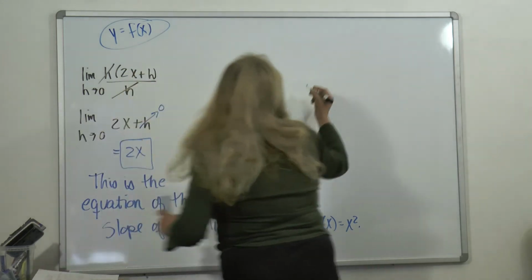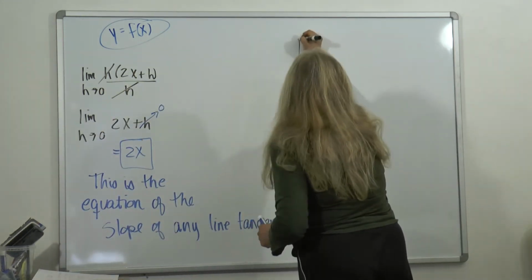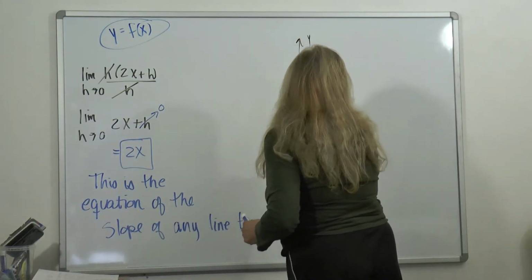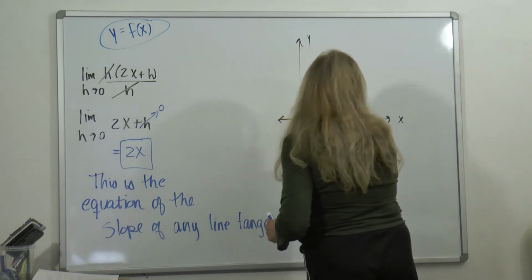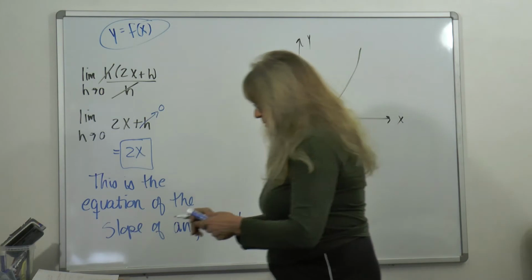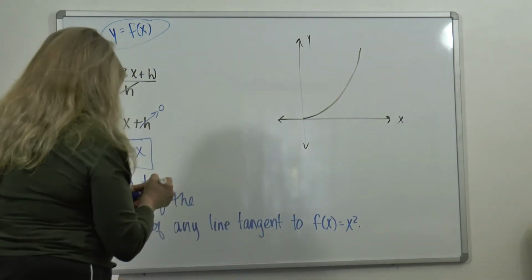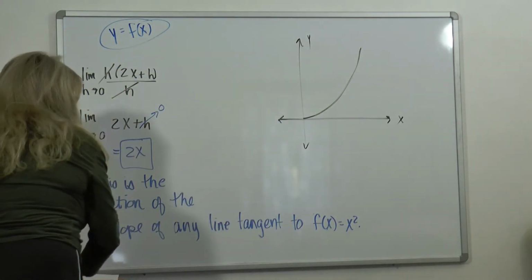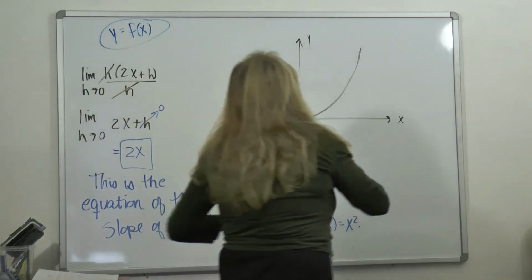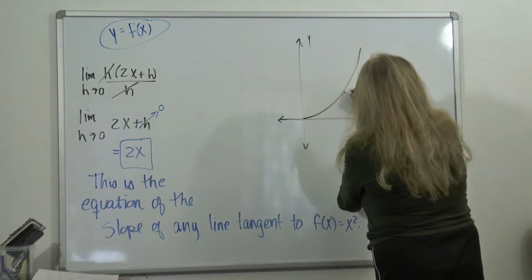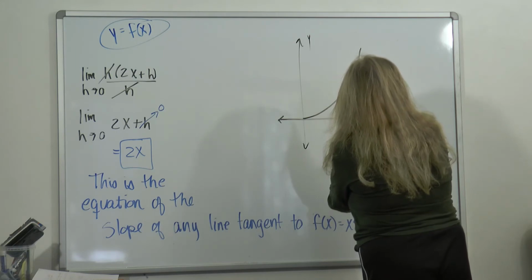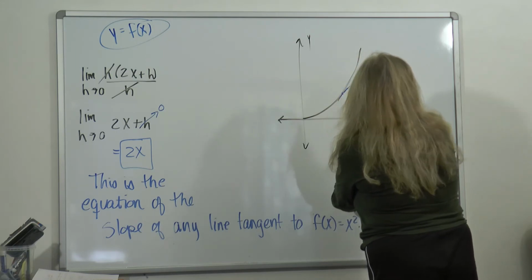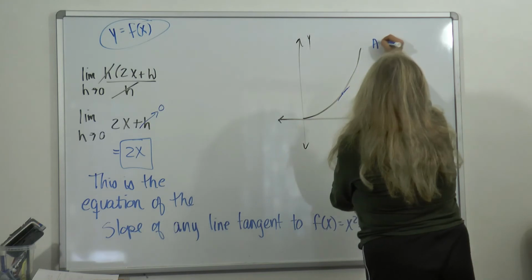Let's go back to this. All right, suppose that's our function. A tangent line hits your function at one and only one point. So let's write that.